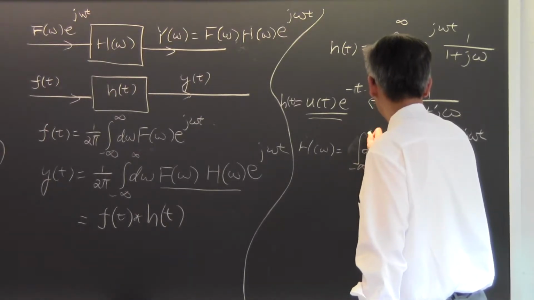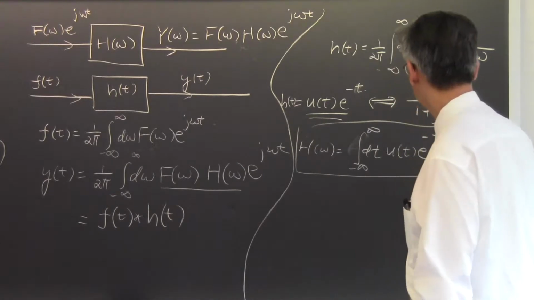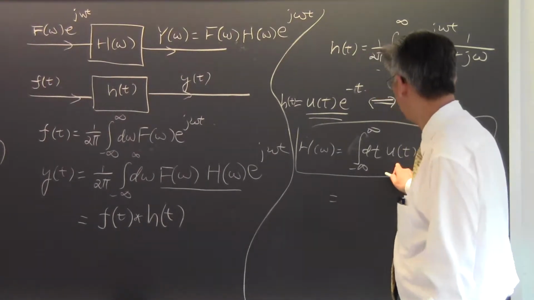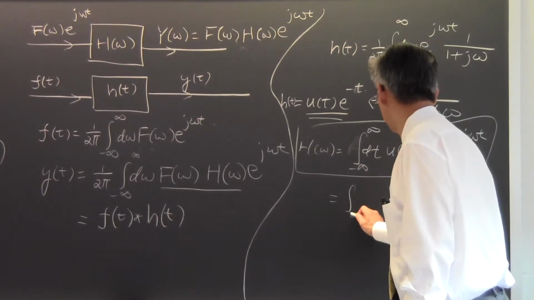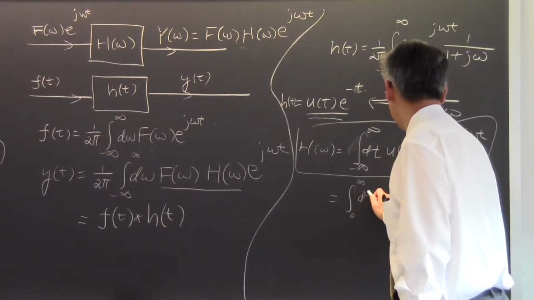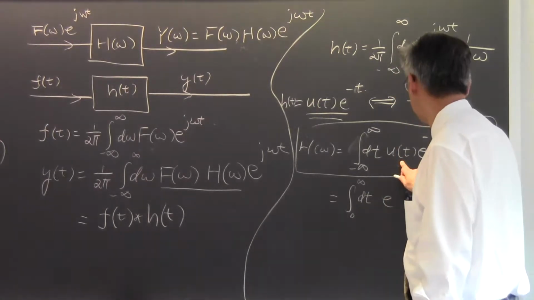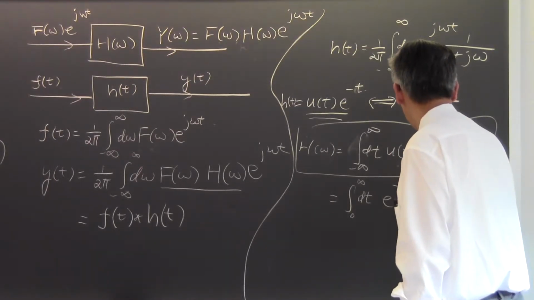This is the step of Fourier transforming. Since this is a unit step function, you will truncate the integration so that it's 0 when t is less than 0. This just becomes a semi-infinite integral. Now you can remove the unit step function, because it's always 1, and consolidate these two together.